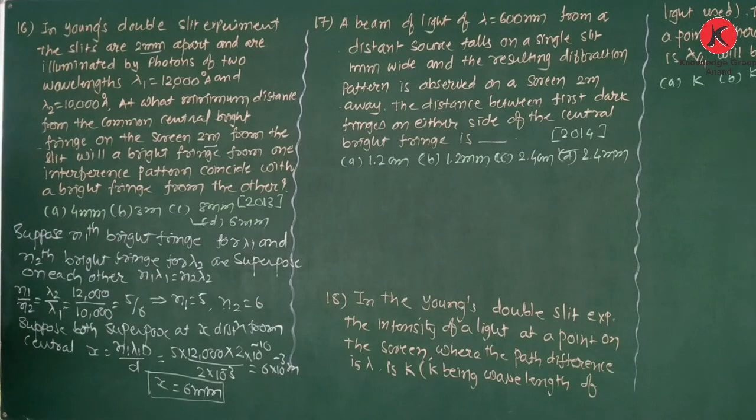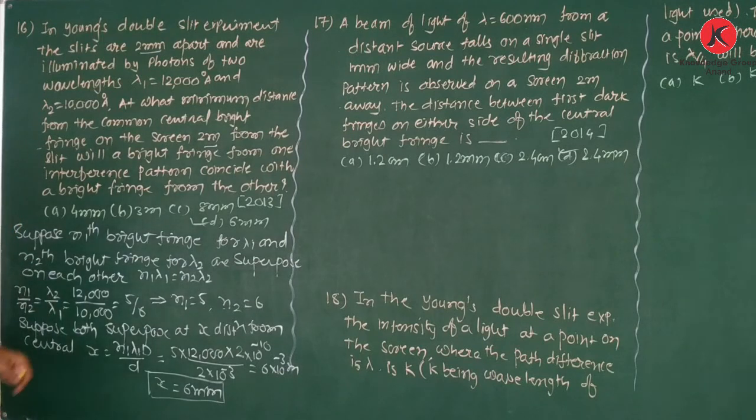Again, in Young's double slit experiment, the slits are 2 millimeter apart and are illuminated by photons of two wavelengths. Lambda 1 is equal to 12,000 angstrom, lambda 2 is equal to 10,000 angstrom. At what minimum distance from the common central bright fringe on the screen, 2 meters away from the slit, will a bright fringe from one interference pattern coincide with a bright fringe from the other?